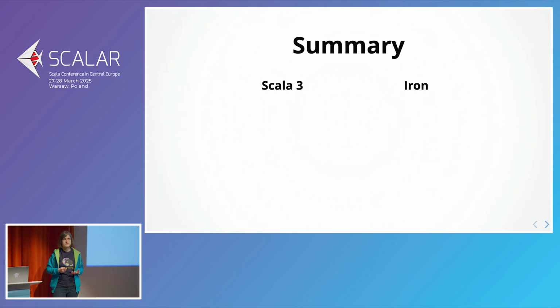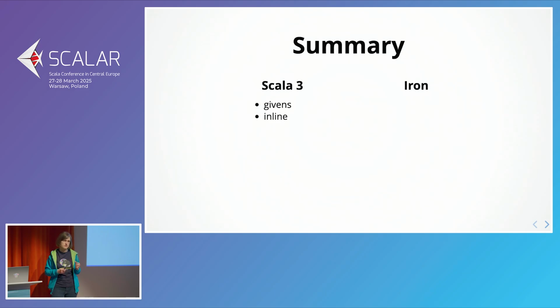What we have used is Scala 3 and Iron, and in my opinion, it worked really well. So in Scala 3, what we have seen in this presentation are the givens, so not implicits, but simpler syntax for givens, which we use when implementing Iron methods.